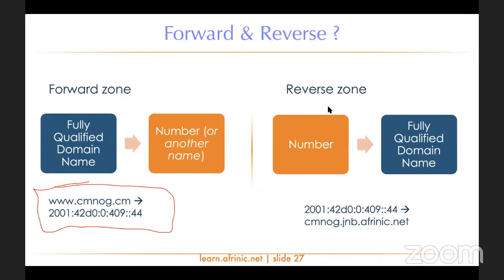For the reverse zone, we have the number and we want to know the name, the fully qualified domain name, to which this number is attached. That's the purpose of the reverse.